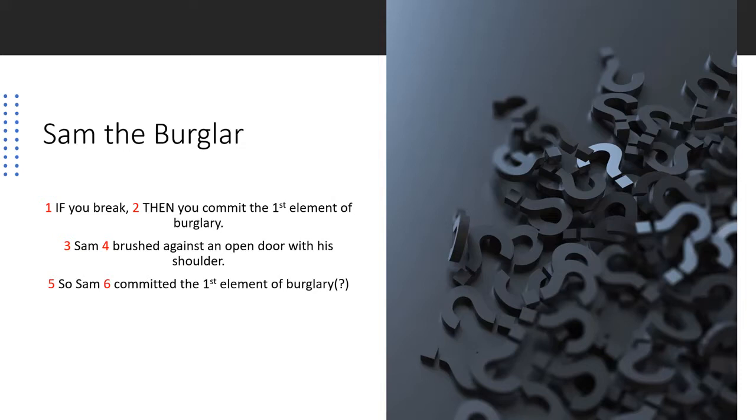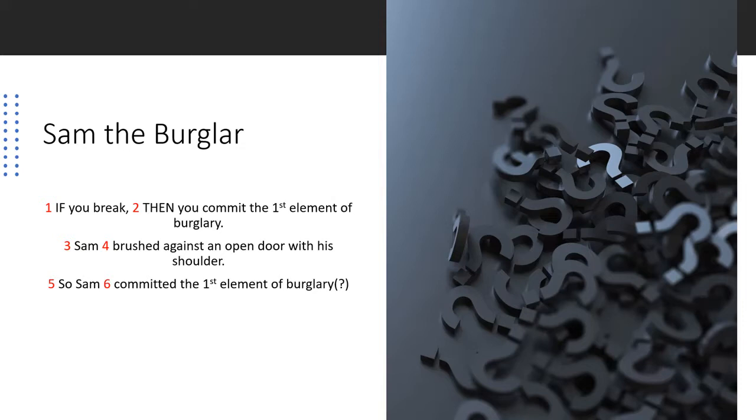But what's the real question? If the rule trigger is breaking and the facts say brushed against an open door with shoulder, when I've already told you that the deep issue in any case is whether the facts at position 4 pull the trigger at position 1, you start to realize, oh, wait a minute, the question I have to answer here is because I'm focusing on those two spots, right?